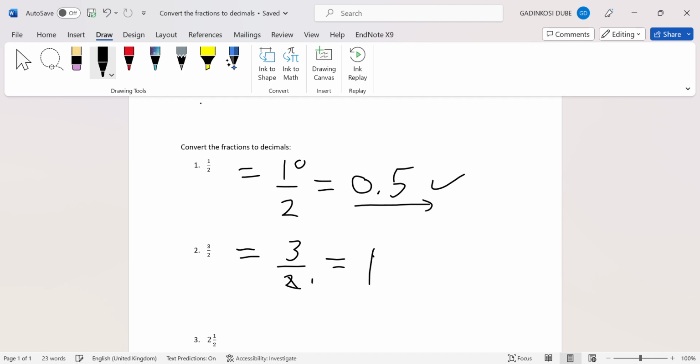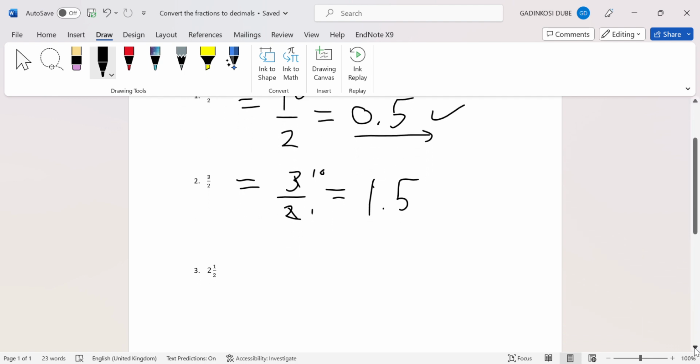Now you add a 0 there. How many times does 2 go into 10? It goes 5 times. So it's 1.5. Just make sure that you add a 0 to the remainder.